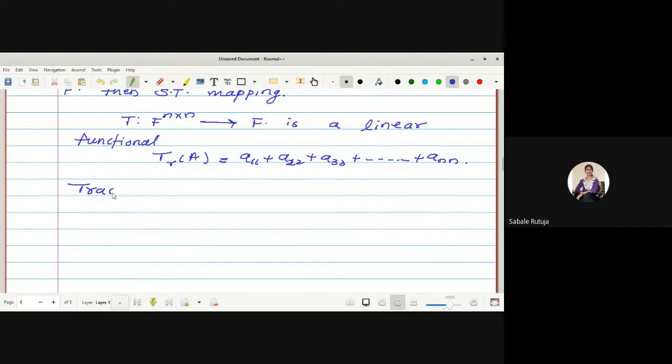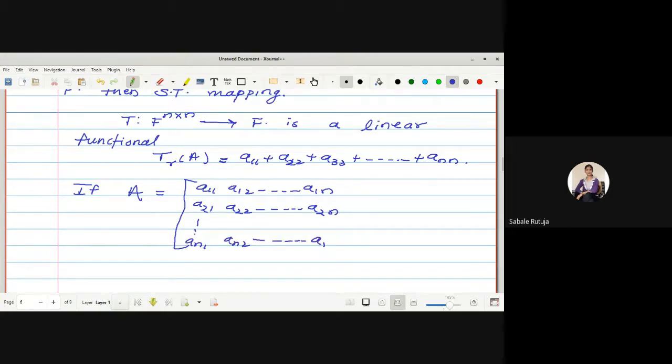Trace of A. If the matrix A is like this: a11, a12 up to so on a1n, a21, a22 up to so on a2n, an1, an2 up to so on ann, then the trace of A is nothing but the addition of these diagonal elements.